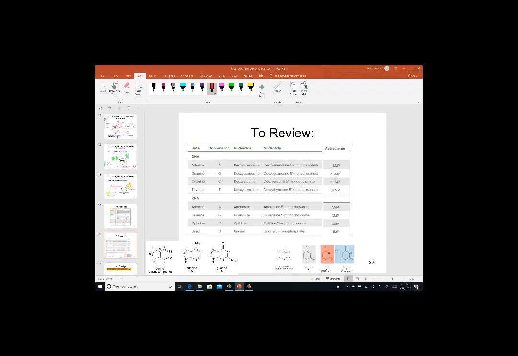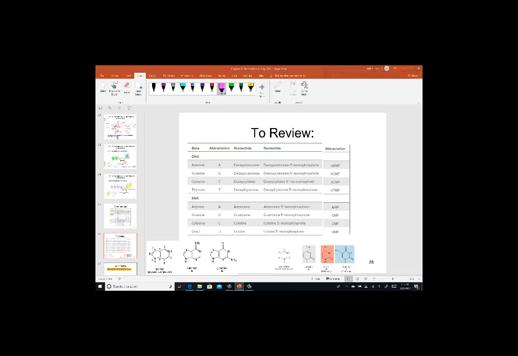We've also highlighted some interesting things about DNA versus RNA. We said that DNA has 4 choices of base: adenine, guanine, cytosine, or thymine. We can see that the abbreviation for adenine is a capital A. The name of the nucleoside would be deoxyadenosine.